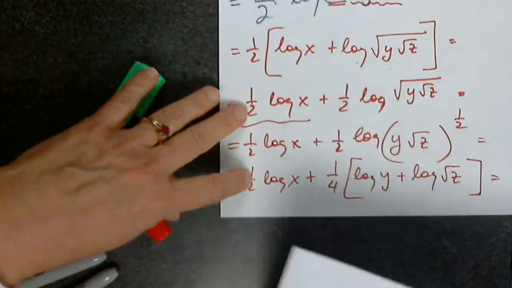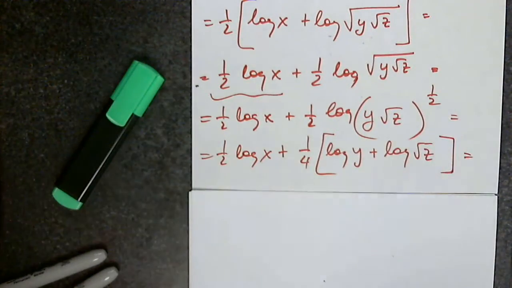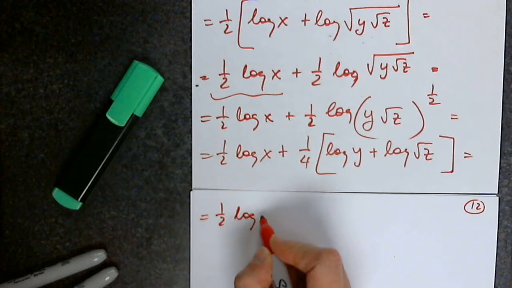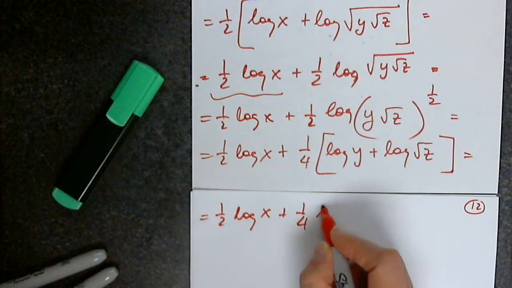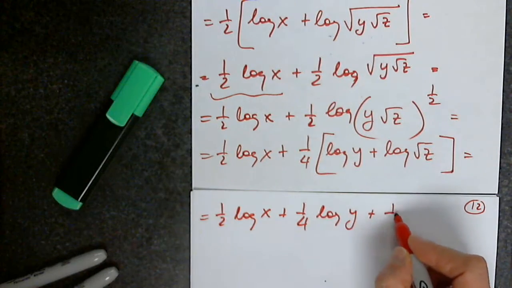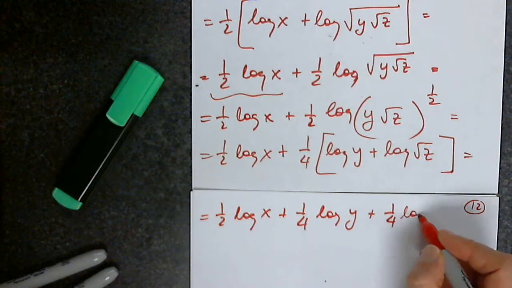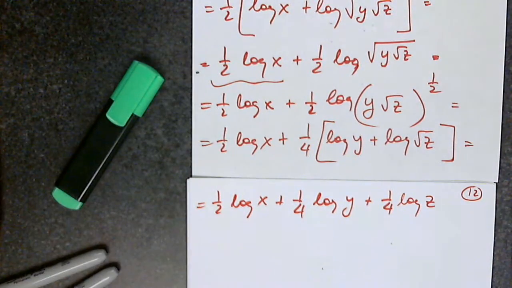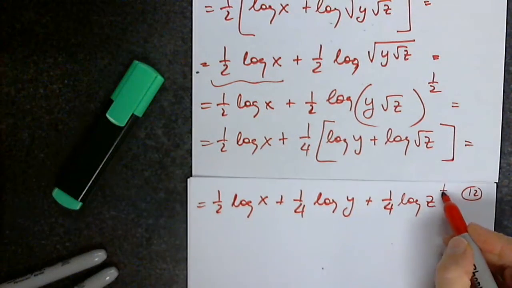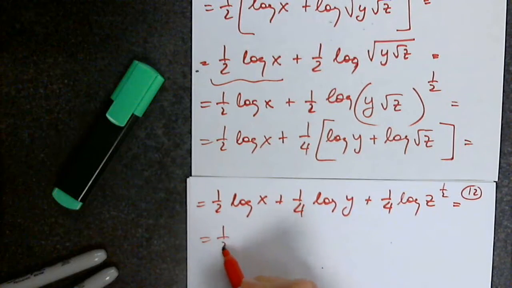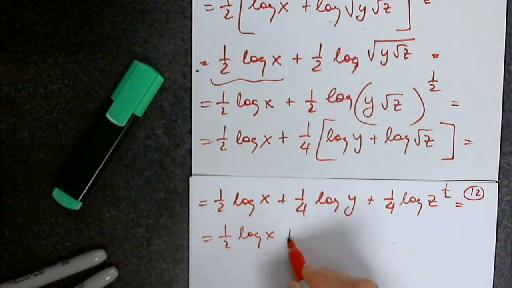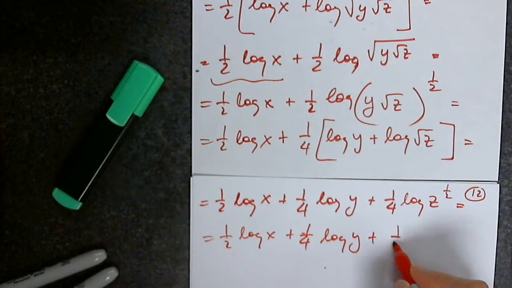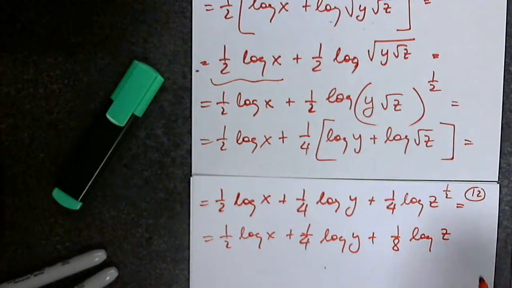Do you understand that we cannot draw any conclusions, and we have to work our way very slowly through this problem? So 1/2 log x plus 1/4 log y plus 1/4 log of z raised to, right. Exactly. So 1/2 log x plus 1/4 log y plus 1/8 log z.